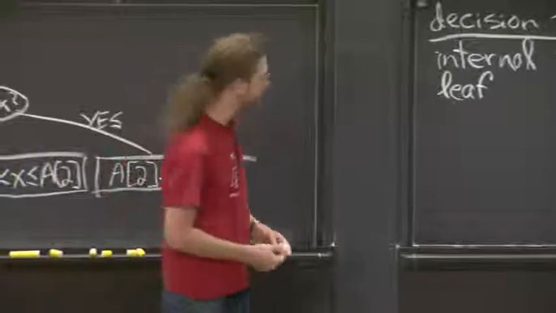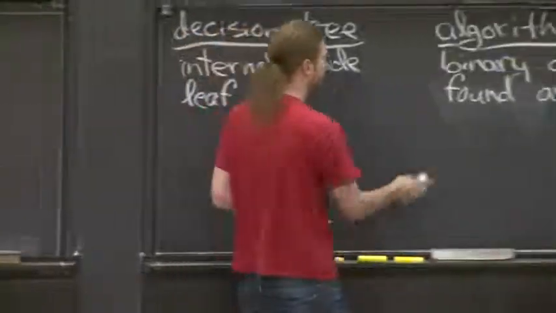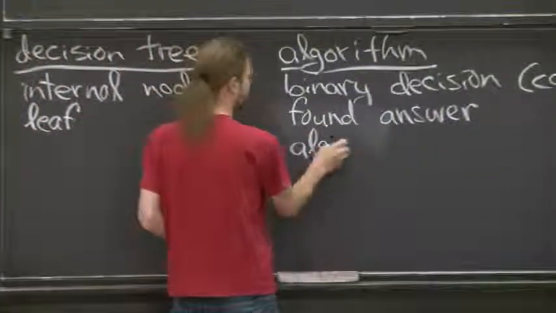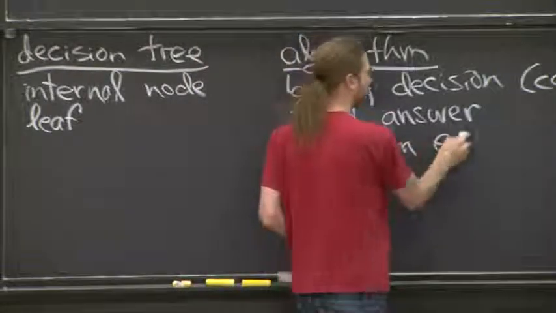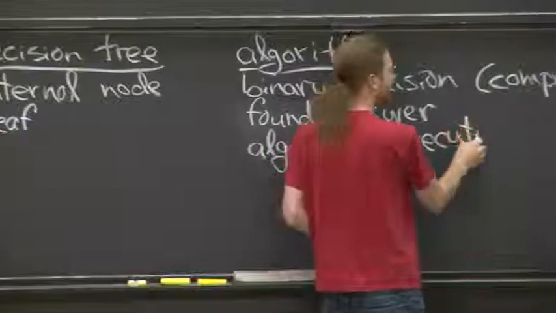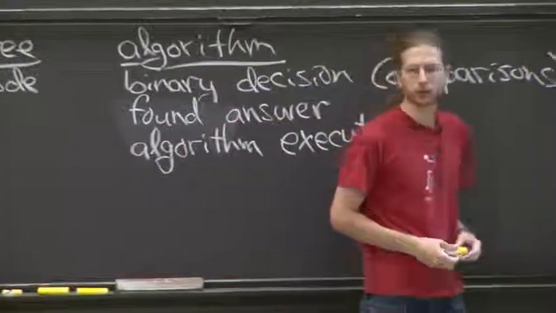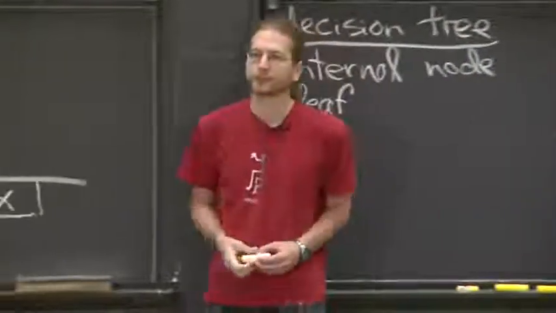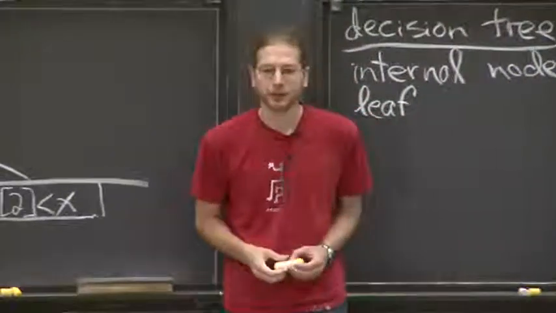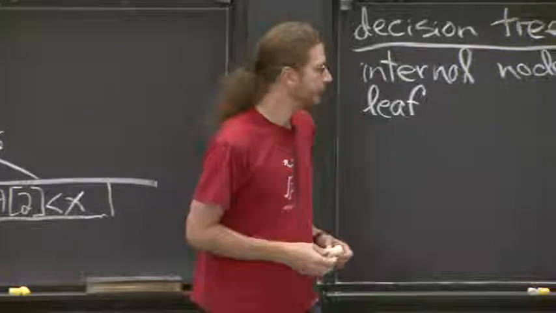What else do we have? All right, here's some puzzles for you. If I just wanted to look at a single execution of the algorithm, what does that correspond to in the tree? Yeah? Going from the root all the way down to a leaf. Going from root down to a leaf.